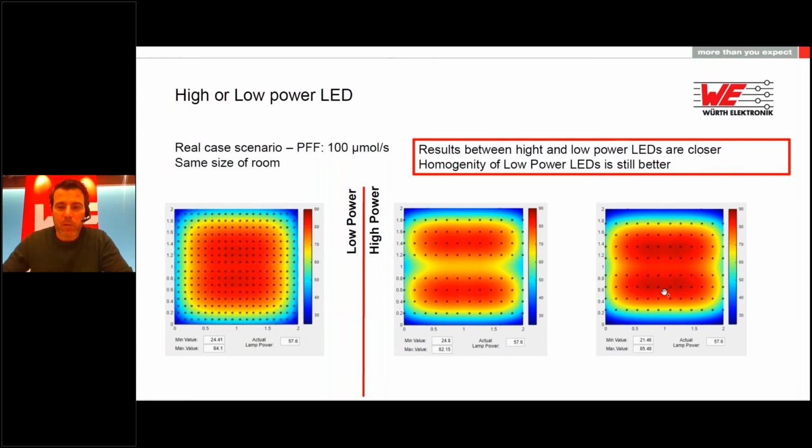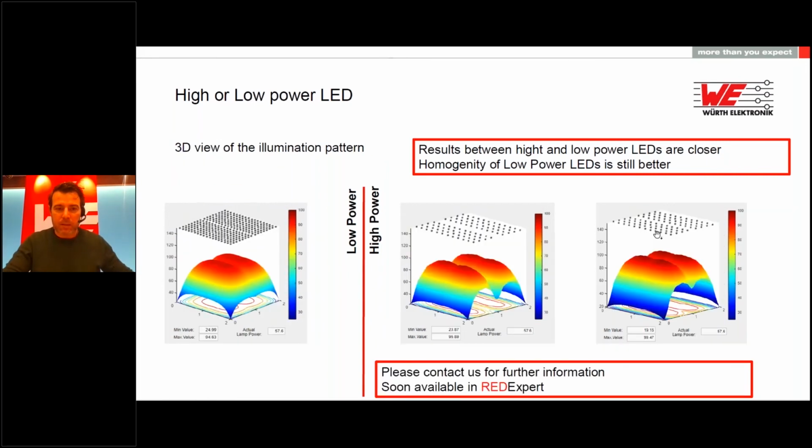For the high power LEDs, we worked out a few solutions that might be feasible, and we can still find some interesting solutions, but the high power LEDs still show different peaks, and this can also be seen in the 3D plot of the surface.